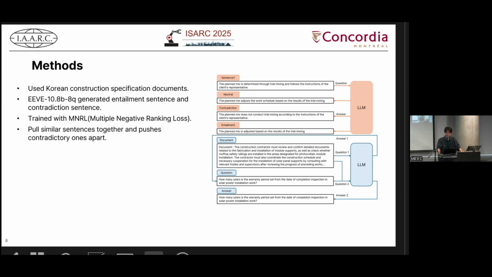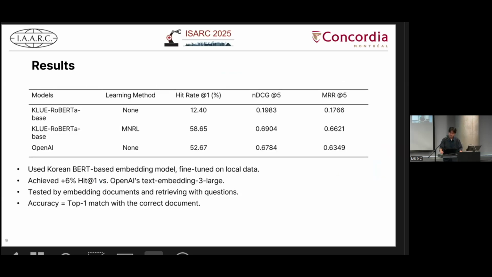The embedding model was trained using multiple negatives ranking loss. This is just a loss function, which pulls similar pairs closer and pushes contradictory ones apart in vector space. The KLUE model, a BERT-based Korean language encoder, was selected as the base embedding model for fine-tuning.